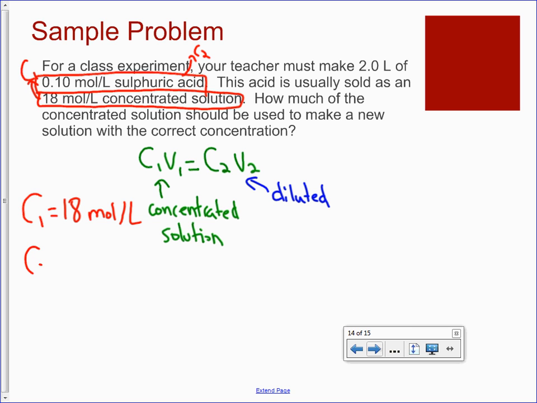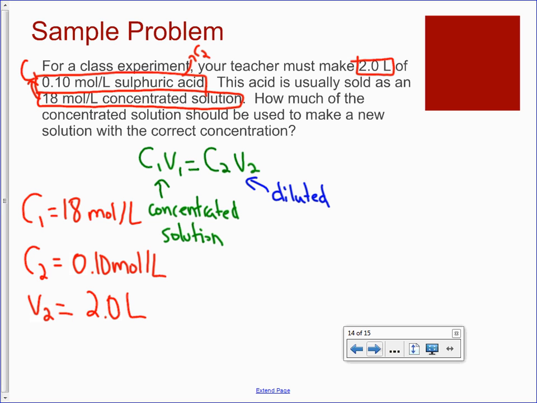So this is going to be our C2. We're also told that the teacher must make 2.0 liters of this 0.1 mole per liter solution. So in this case, this is going to be our V2, our diluted solution volume. Our V2 is 2.0 liters.